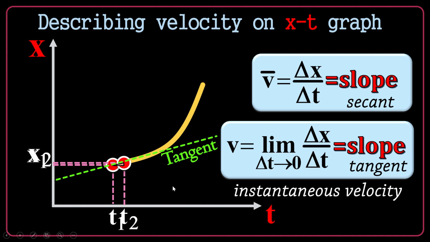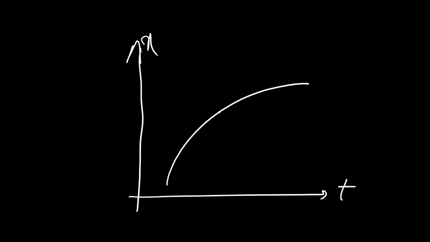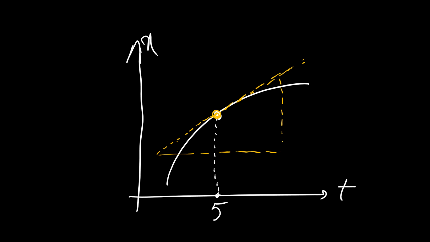The slope of the xt graph sometimes is called the slope of the graph. What do I mean? Look at this. Suppose that the xt graph is given like this, and I'm going to find the slope of the graph at t equals 5, at this point. First I should draw a tangent line, which is touching the graph at just one point, and then I establish a triangle.